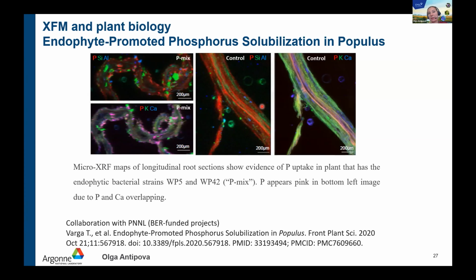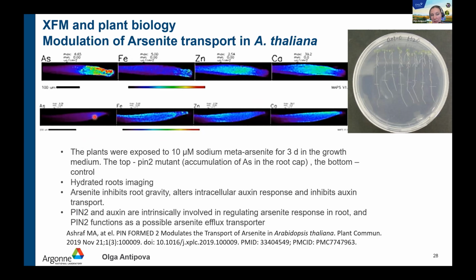In another collaboration, with scientists from the Canadian Light Source and the University of Saskatchewan, we were working with plants which were exposed to arsenic. Those were controls, and some of them were PN2 mutants, which displayed low arsenic accumulation and transport.